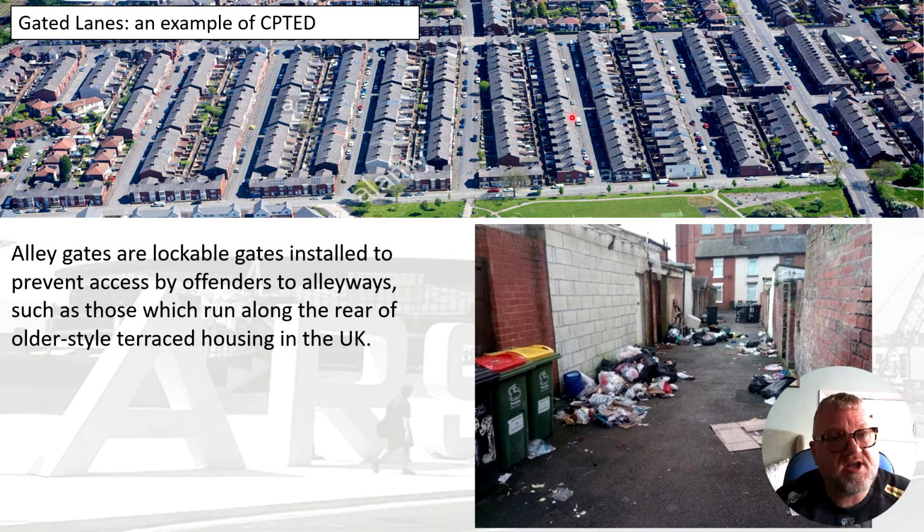And what you can see, if you look carefully, there are little lanes and alleys that run between all these houses, which means that, if I live here and I want to visit the person there, I can just go all the way through without having to walk all the way round. Okay, so these alleys run along the rear of older style terrace housing in the UK.